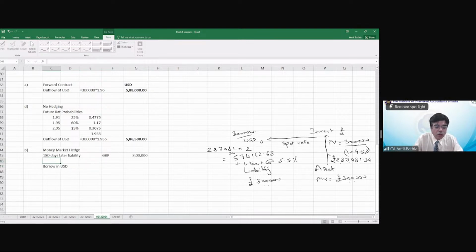First of all, I need to invest the present value today. How much do I need to invest in GBP today? I can say it's going to be 300,000 divided by 1.045, which is 1 plus 4.5%, right?